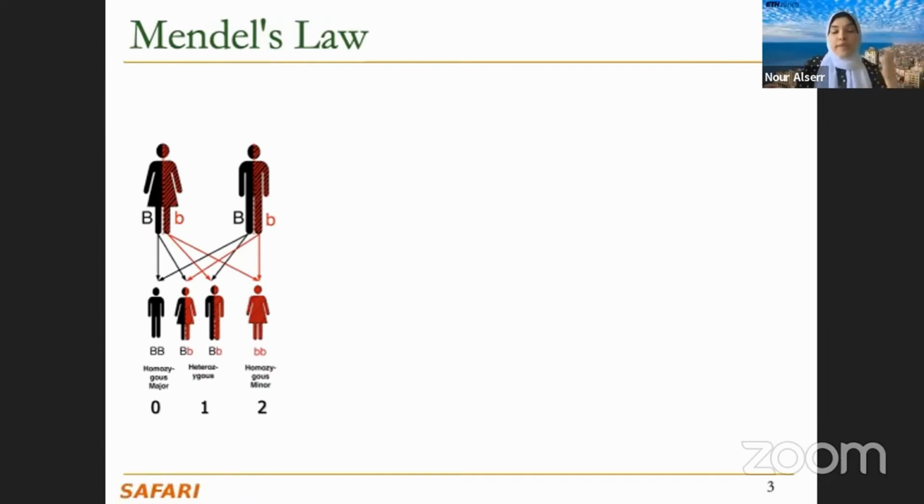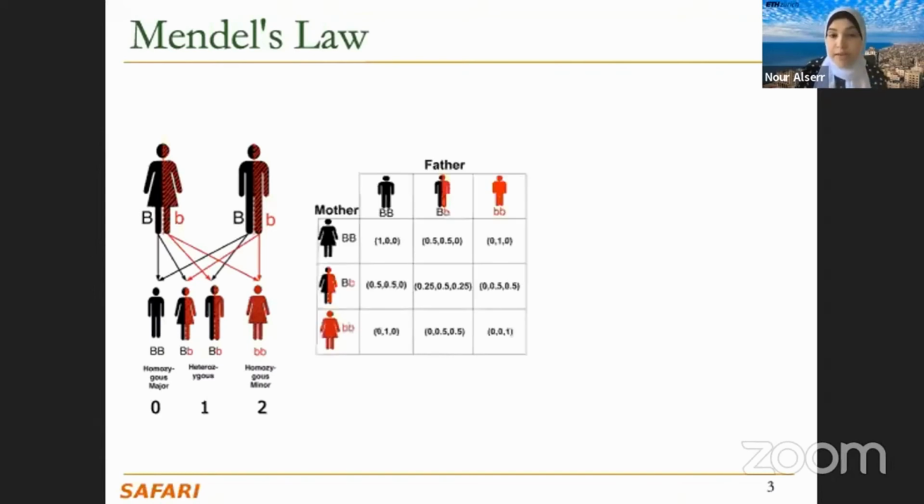Now, what are the probabilities of having the values of 0, 1, or 2, that is, of having a homozygous major SNP, a heterozygous SNP, or a homozygous minor SNP? These are Mendel's laws. In Mendel's law, for example, imagine here we have a father and we have a mother.